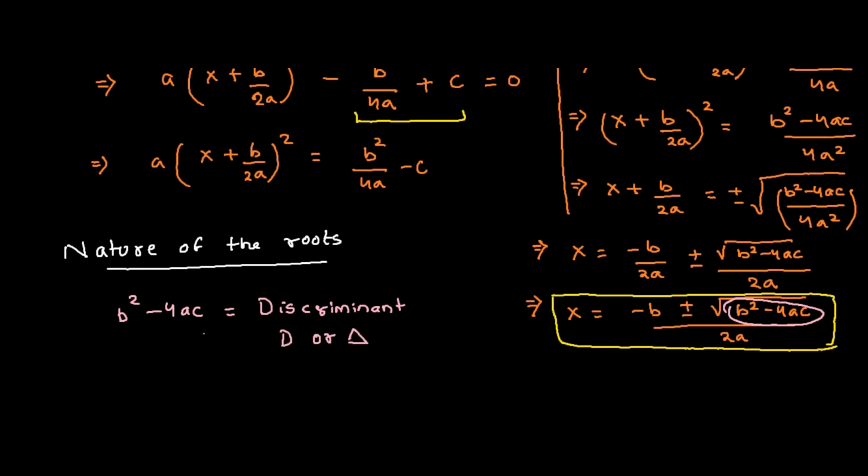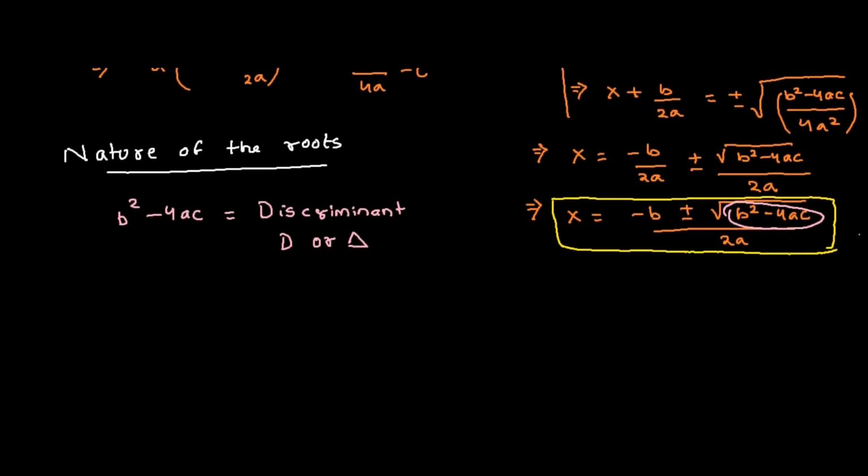Now if this is greater than 0, so we will use the letter D. So if D is greater than 0, you say the roots are real and distinct. So you are telling the number inside the square root will be a positive number.